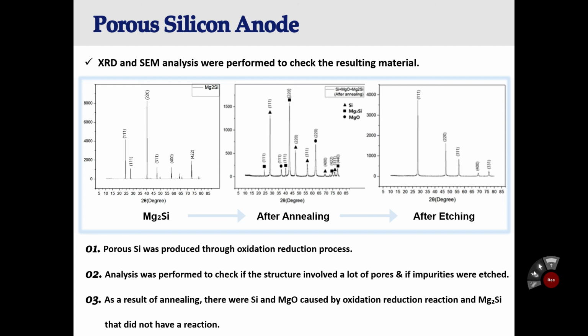XRD was measured to confirm the removal of impurities through the etching process and the formation of a large number of pores on the surface. It was possible to confirm that the magnesium silicide became pure silicon through the etching process after annealing, separating into silicon and magnesium oxide.